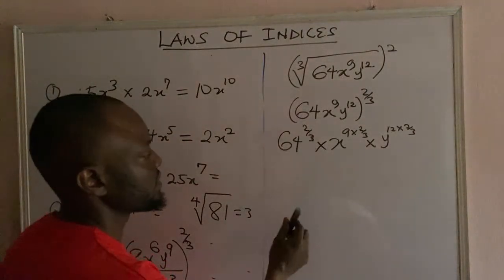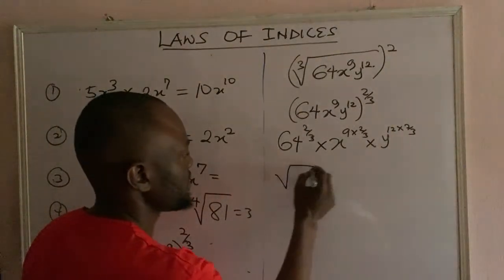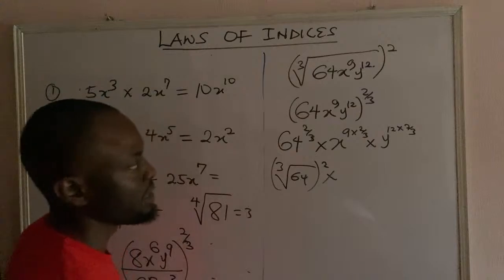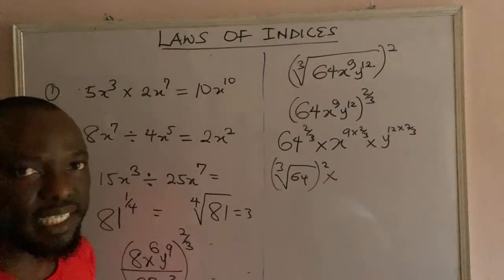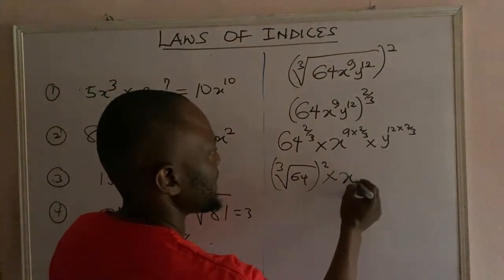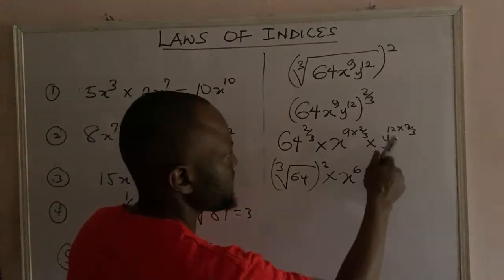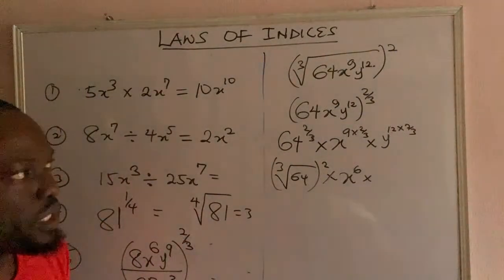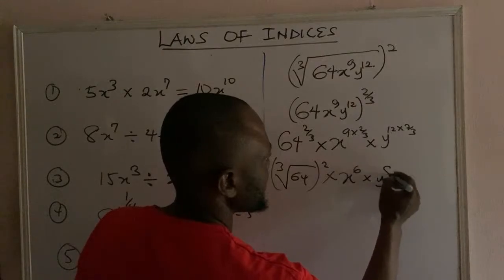This gives us, as the fractional denominator becomes the root, the 3rd root of 64 all squared multiplied by x to the 6, since 2 times 9 is 18, and 18 divided by 3 is 6, and y to the 8, since 2 times 12 is 24, and 24 divided by 3 is 8.